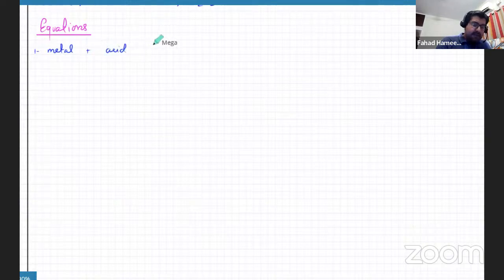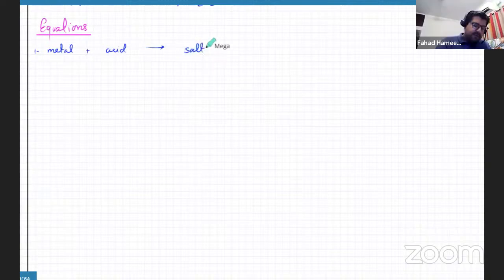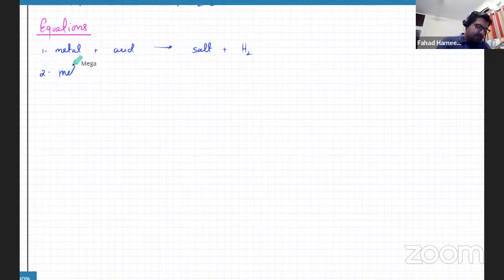What happens when a reactive metal reacts with an acid? What is produced? Salt plus hydrogen. So we've got salt plus H2 gas. We'll discuss this later. What happens when a metal oxide or a hydroxide, which is basically a base, reacts with an acid?